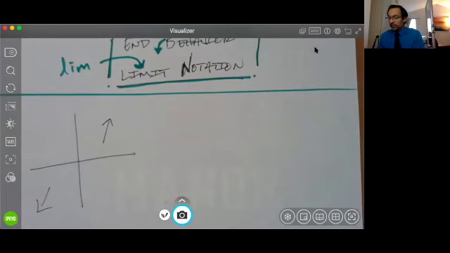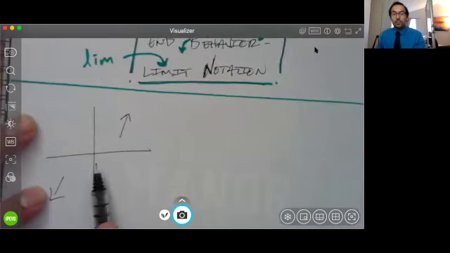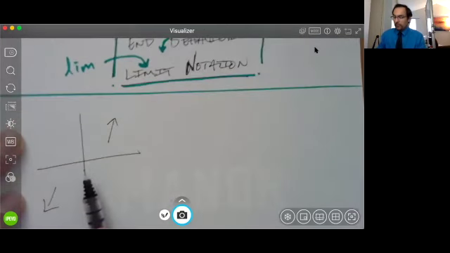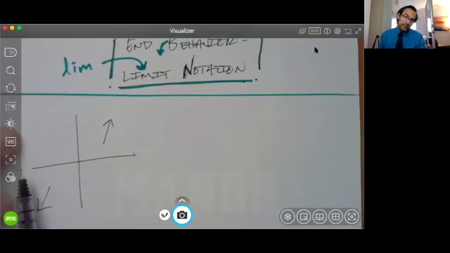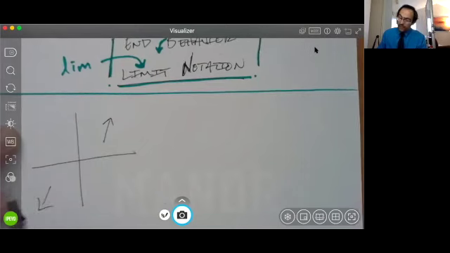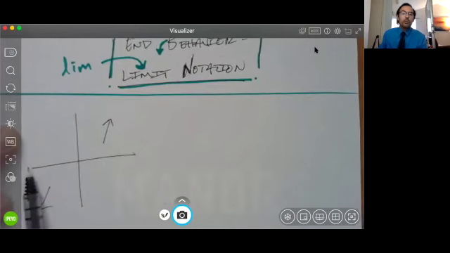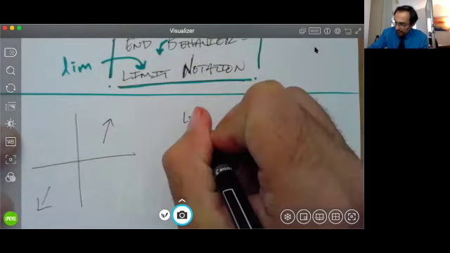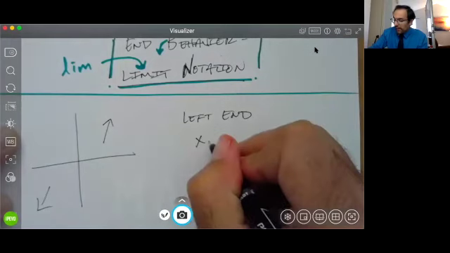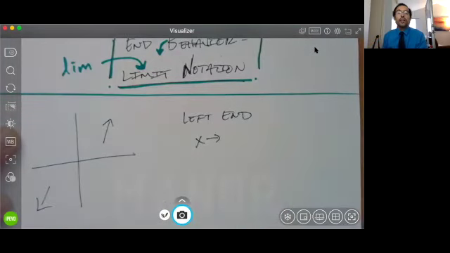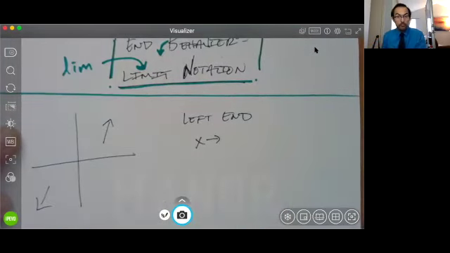If we talk about the left end, let's look at what happens to our x values as we go further and further to the left. If I go further and further to the left on any number line, where positive is on the right and negative is on the left, I could see that I'm heading more and more towards my negative values. So to represent my left end, I'm going to use this symbol, x, and then an arrow pointing at whatever the x values are approaching.